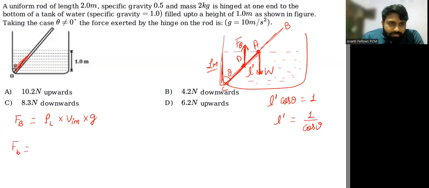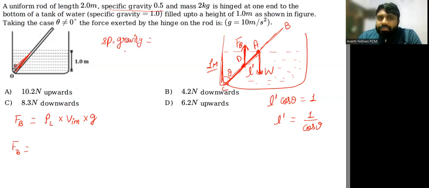FB is nothing but density of liquid. Here in this question, specific gravity is given to you, and we know that specific gravity is nothing but density of the material divided by density of water.